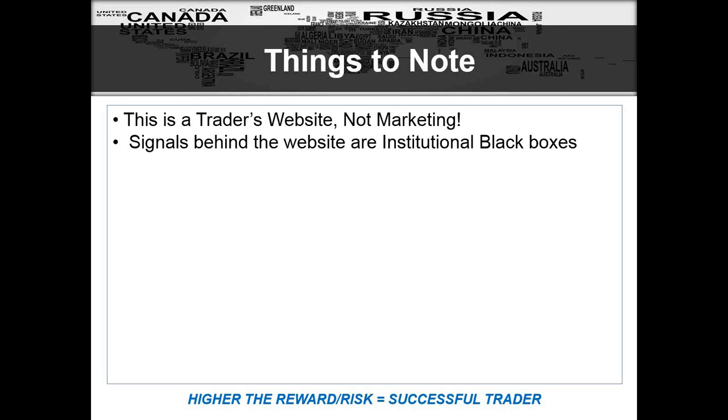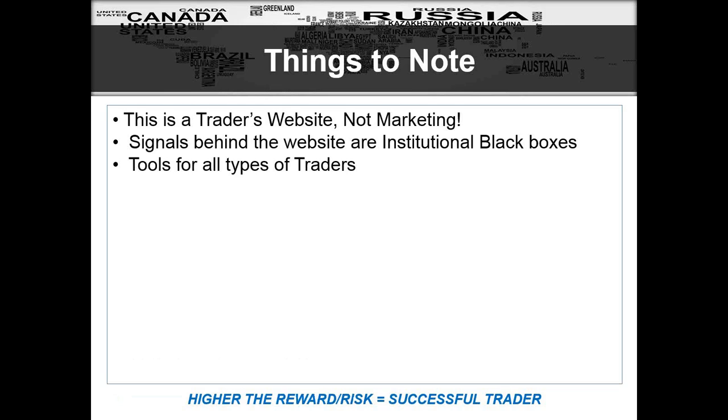Okay, so this is not something where we've got one little computer running in the background. We actually have a couple of machines running with various data sources out there for backup and redundancy, and these institutional black boxes are generating the signals that you see on the website. All the website is doing is taking these signals and displaying them in a certain format for ease of use for the trader to understand and to use. Okay, and we'll talk more about these signals and what they mean and how you can use them.